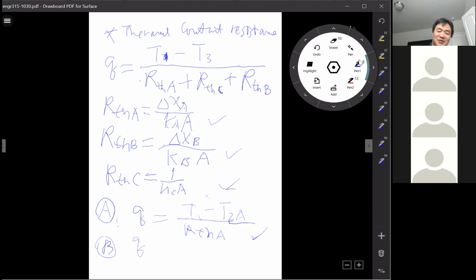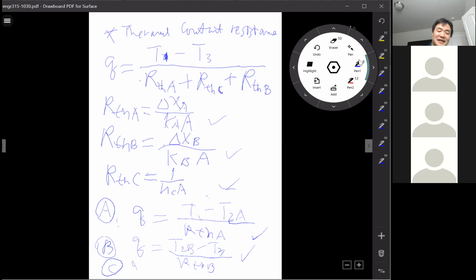Your same Q will be T2B minus T3 divided by RthB. Sure. Can you also go through the contact region? Sure, you can.